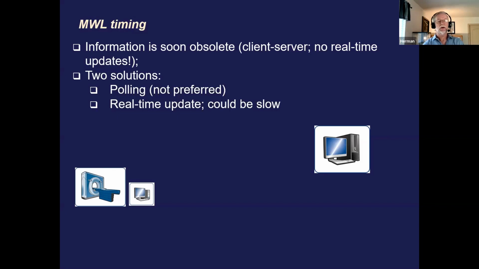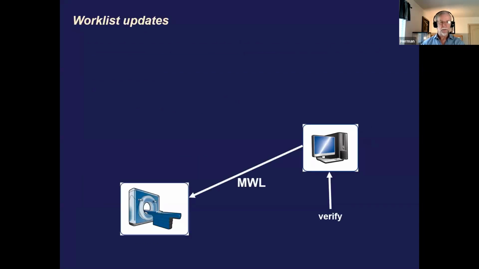Every 10 minutes, or every 10 seconds, update worklist, update worklist, update worklist. I mentioned we have a big hospital with about 100 modalities, and it does all this polling all the time. The worklist provider might get a little bit overloaded. I've seen that happening as well. So probably better to just make sure that you tell the technologist, just do a refresh before you get the patient. So, timing issues.